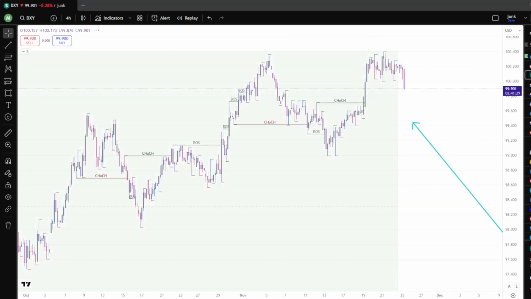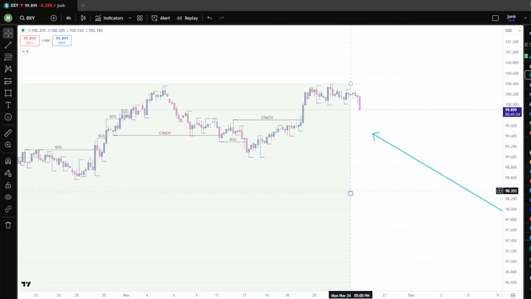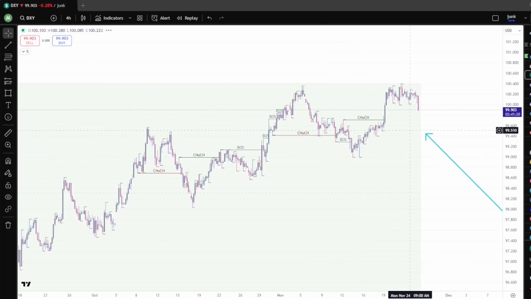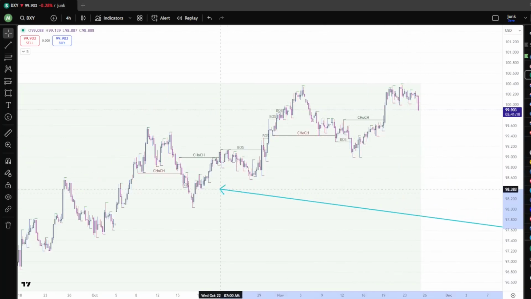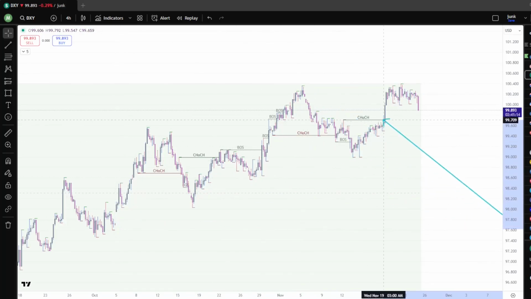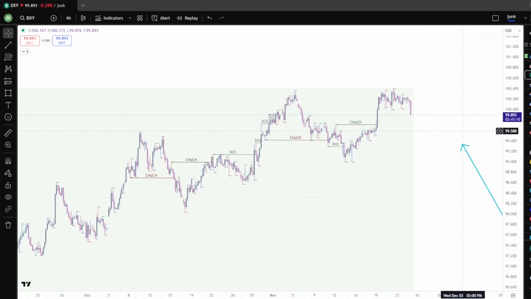So DXY, let's go map out the current range. We'll just take a brief look at DXY. From yesterday, we know, of course, bullish swing structure, with this being a higher low from these lows, higher high, higher low, broke structure to the upside, and now it's consolidating at this high, trying to stay over 100.